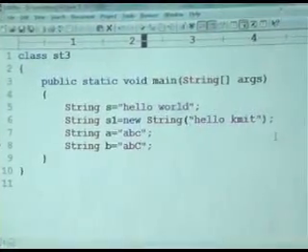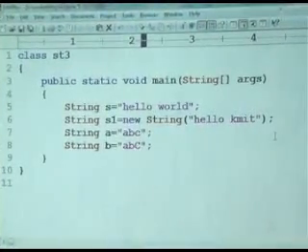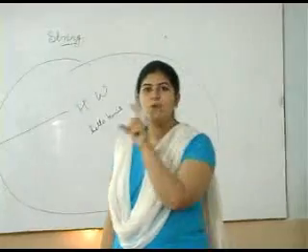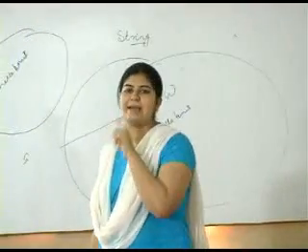Okay, right now how many objects are going to get created? 2 objects are going to get created. One with ABC with all lower cases, one with ABC with C as capital case.